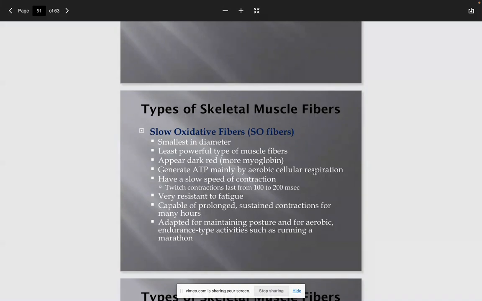Okay? These have slow speeds of contraction. They're very resistant to fatigue. So if you think about it, these muscles are able to have sustained contractions because in order to stay upright, the muscles will constantly have to be able to contract.